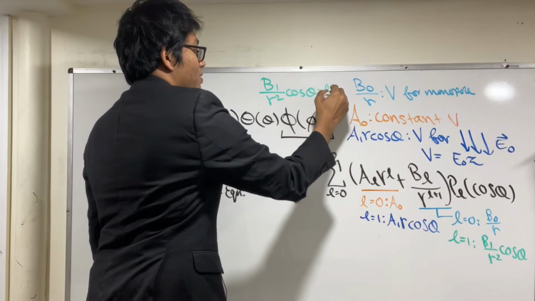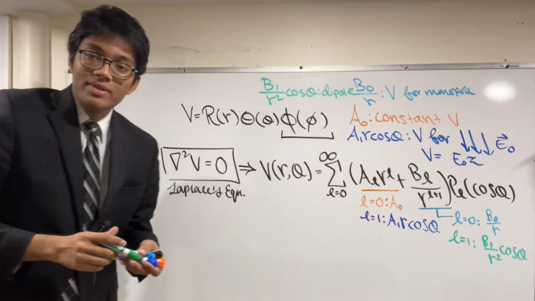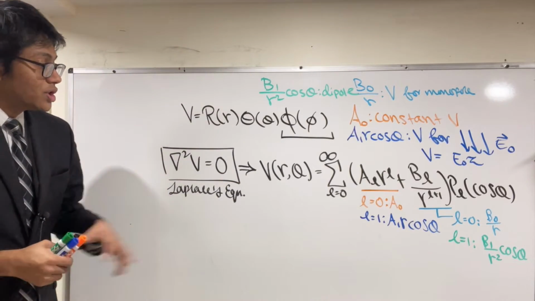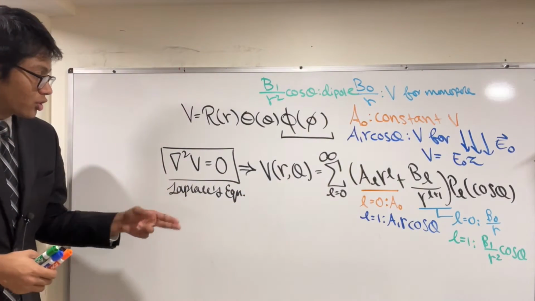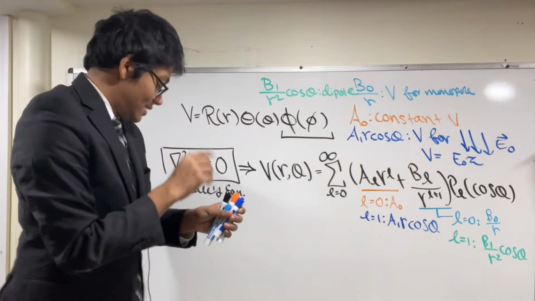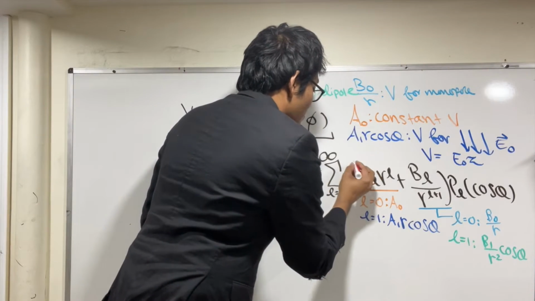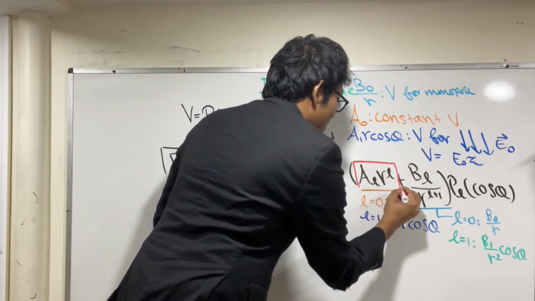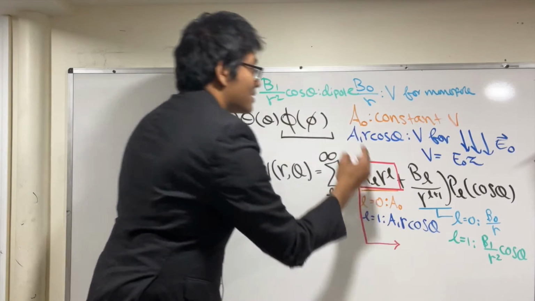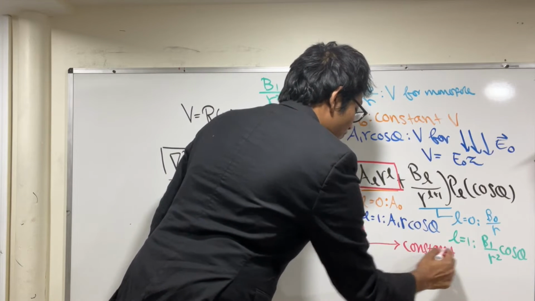So hopefully you see what's going on here. These two terms that make up the solution of the electric potential in spherical coordinates to the Laplace equation are giving you two different pieces of the puzzle. The first term, the term that is linear in r, is giving you the constant potentials and the electric potentials for constant electric fields.